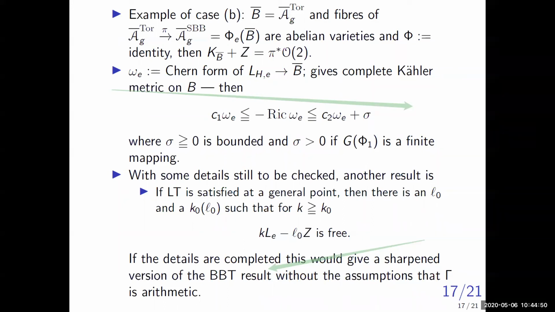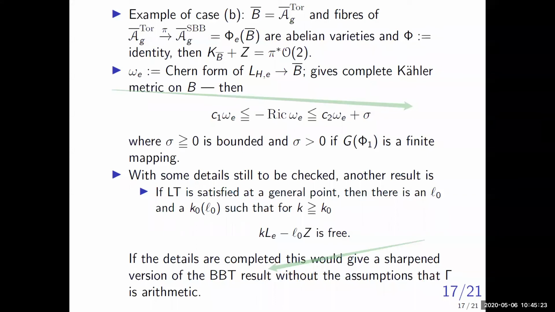Turning to the Ricci curvature, we look at the Chern form of the extended Hodge line bundle. That gives a complete Kähler metric on B. So one would like to know its geometry. And the geometry is that the Ricci form, that's minus the Ricci curvature, is the Chern form for the canonical bundle of B bar.